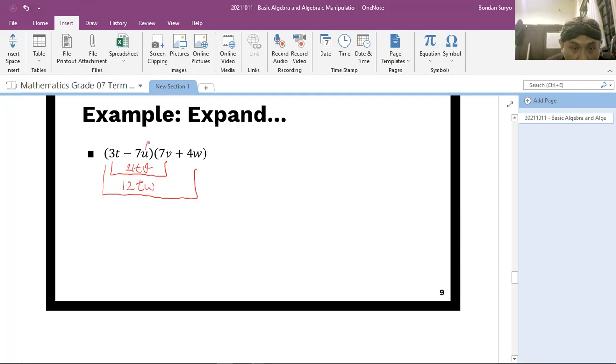Then this one down, negative 49uv, and this one becomes negative 7u times 4w, which is negative 28uw.